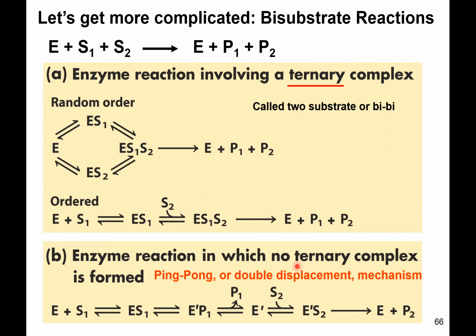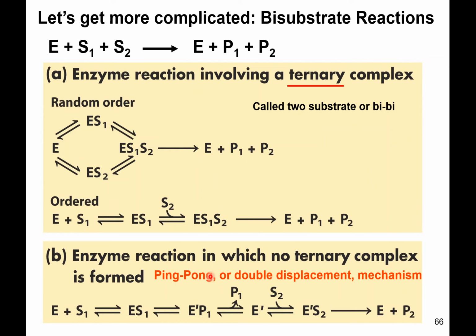You can have this case as well where you don't have a ternary complex that's formed, and instead the first substrate binds and you make a first product. That product leaves and a second substrate comes in and you make your second product. And this one is called either a ping pong mechanism or double displacement.